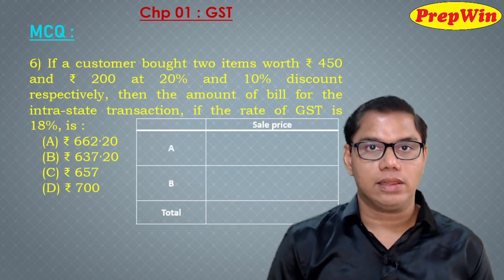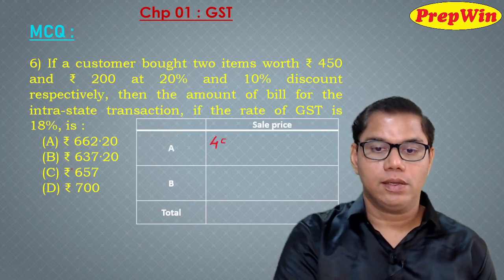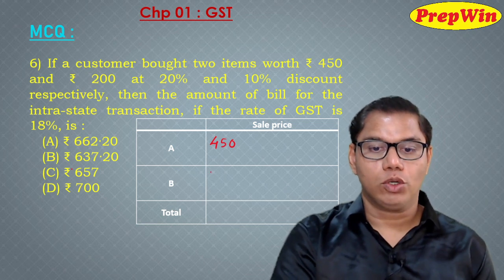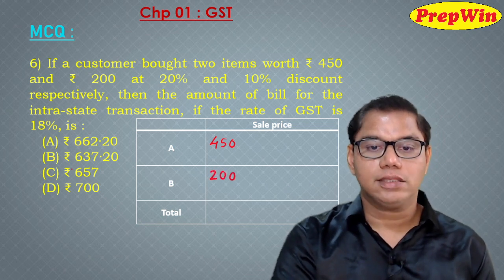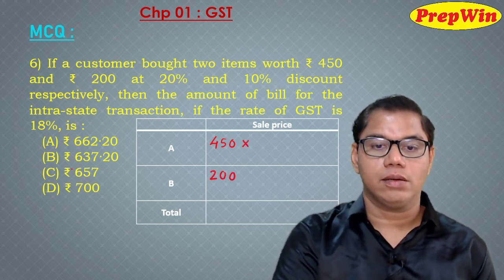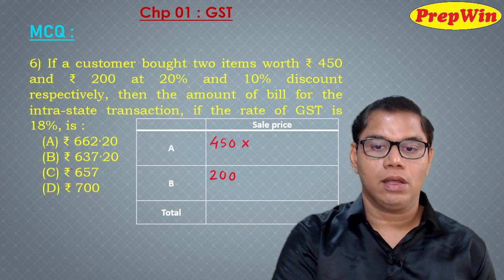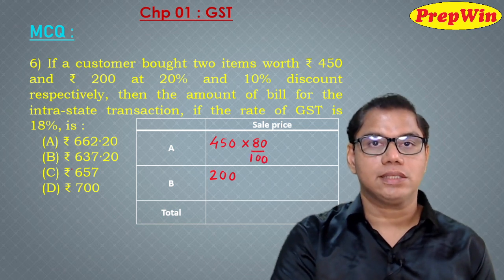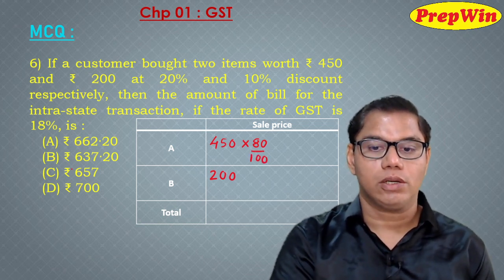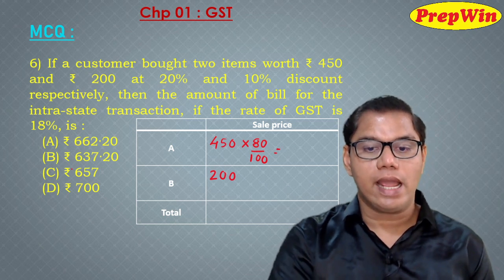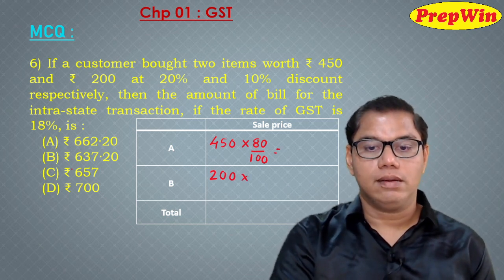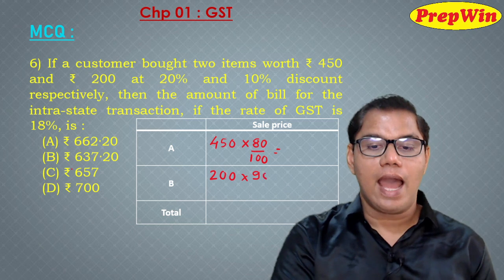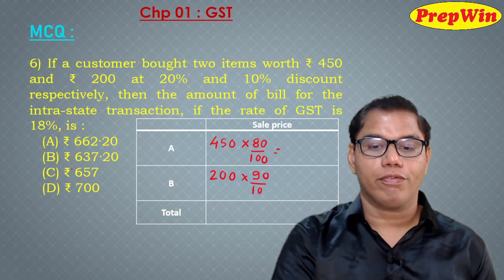Okay, so let us solve this sum. 450 and the second one costs rupees 200, and the discount offered on the first item is 20%. So quite obviously the amount which will be paid will be only 80% after deducting 20% of discount. And the second item cost is 90% as 10% discount is offered here.